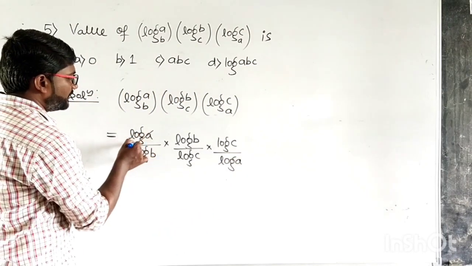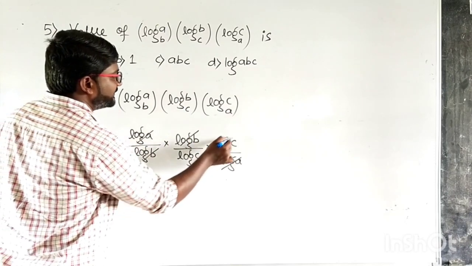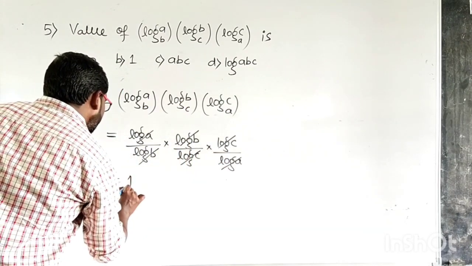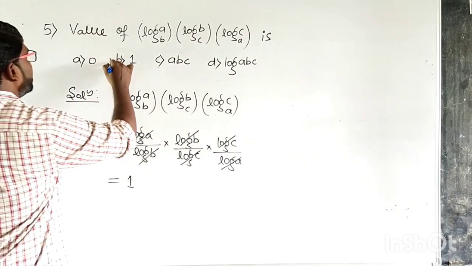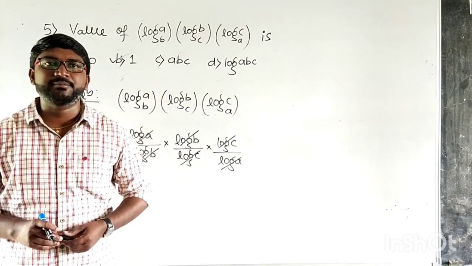So here log a and log a get cancelled, then log b gets cancelled, log c and log c get cancelled. The answer is 1. So which is the right answer now? Option B is the correct answer. So this is all about the fifth multiple choice question.